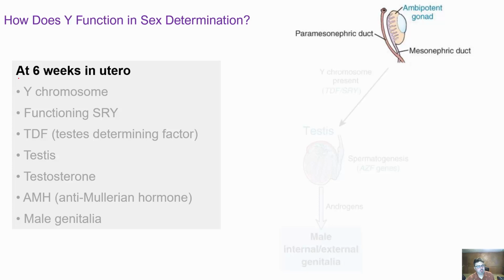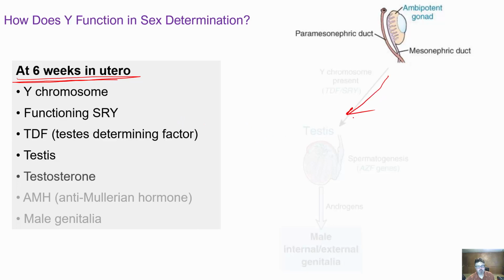Now, if we think about what's going on with sex determination, at 6 weeks in utero, as long as we have the Y chromosome present, as long as we have a functioning SRY, the sex determining region on the Y chromosome, check. As long as we have testes determining factor, check. Then we will get development of a testis. Now, assuming all of that occurs properly and you develop the testis, then we need secretion of testosterone, and we need another hormone called anti-Mullerian hormone, check.